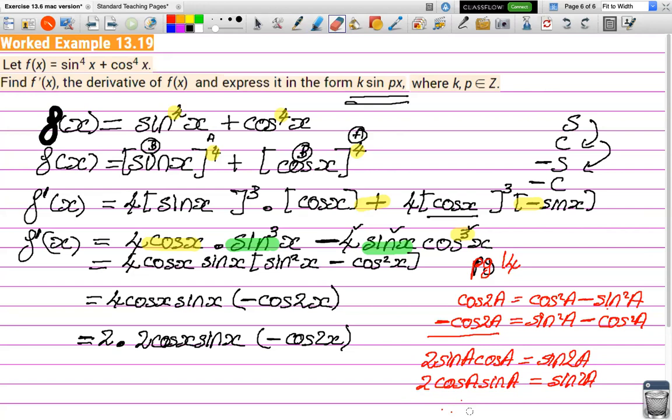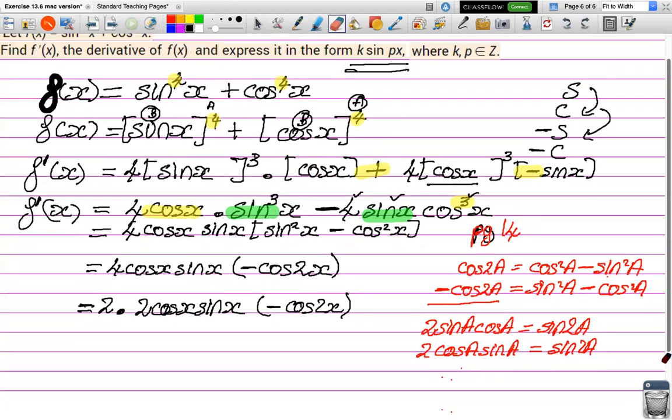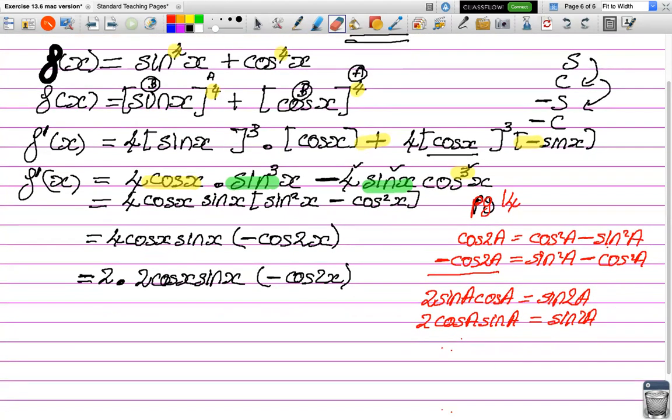Sorry about that, just need a bit of room. So 2 cos x sine x must be equal to sine 2x. All I've done is replace the a and put it equal to x.